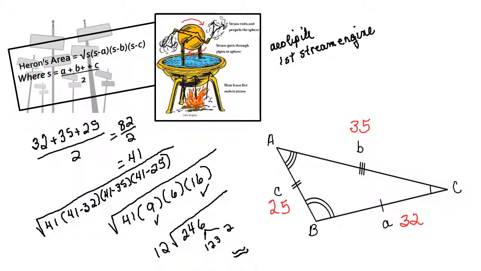We can take the square root of the 246, times that by the 12, and get a wonderful approximately 188.21 units squared. Heron, cool dude.